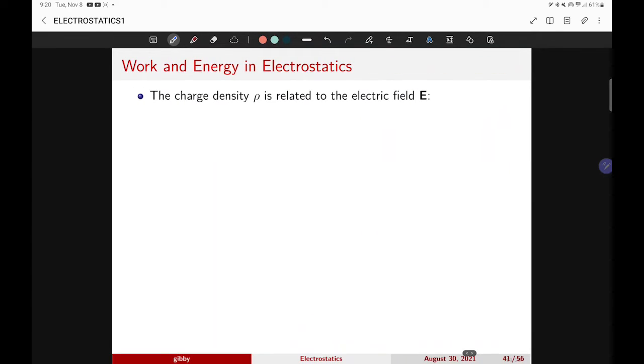So we can also see that the charge density rho is related to the electric field E. Didn't we have an equation for this before? Meaning, the relationship between the electric field and the charge density is given by this one. Del dot E equals rho over epsilon naught.